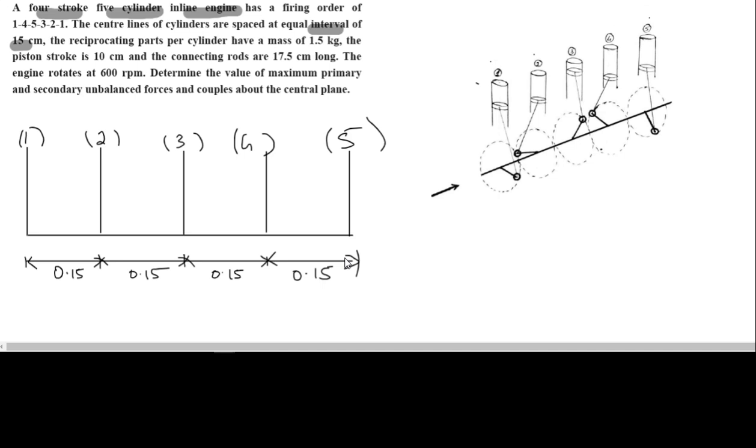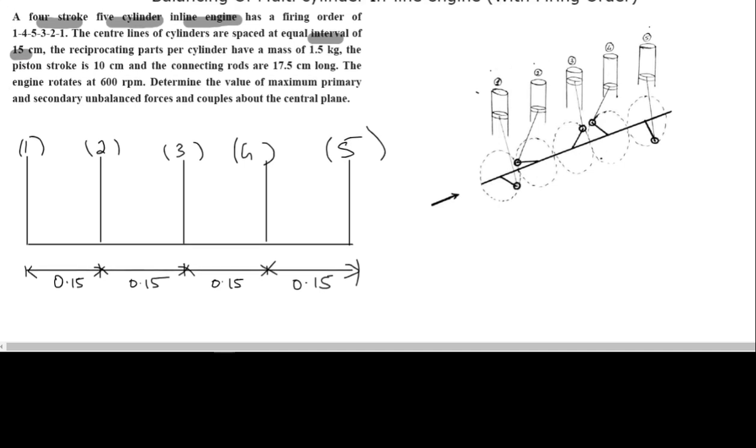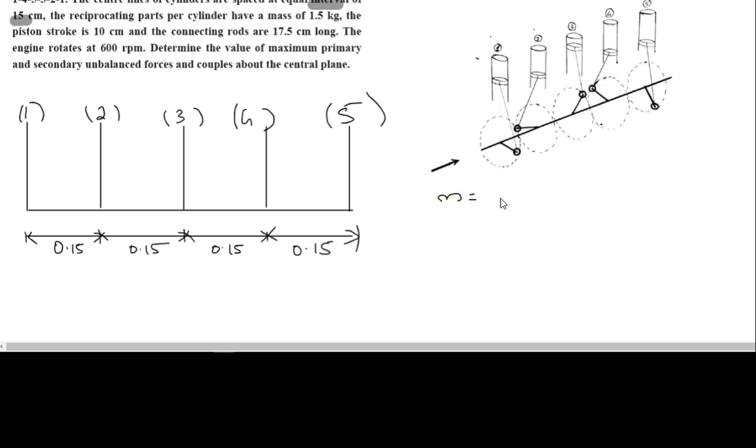Some values: the reciprocating mass per cylinder is 1.5 kilograms, so m is given as 1.5 kg. The piston stroke is 10 cm. Stroke, if you remember from thermal engineering, is the travel that the piston makes from TDC to BDC, the maximum it can go.